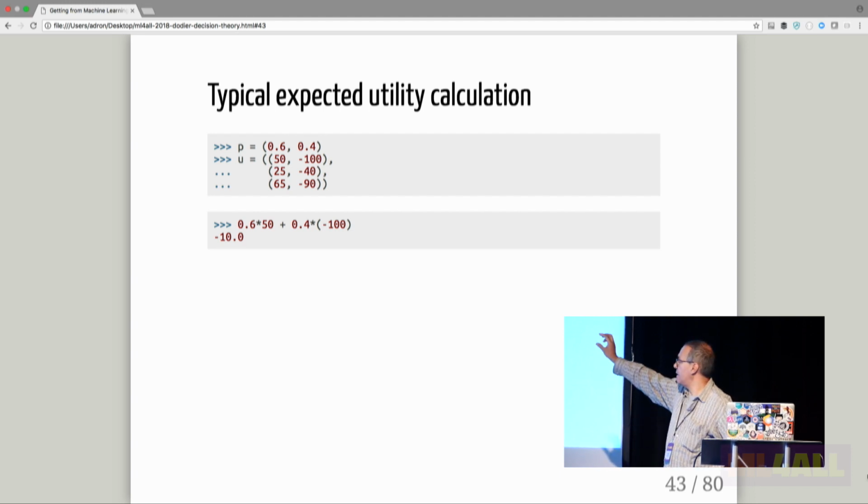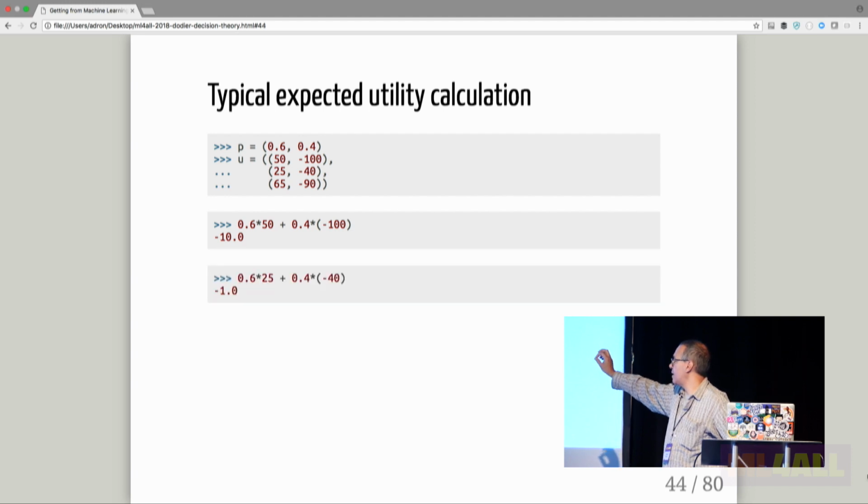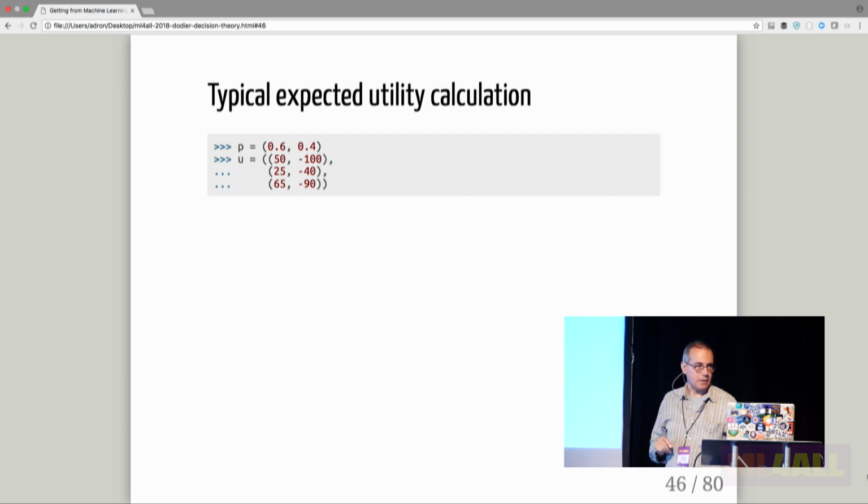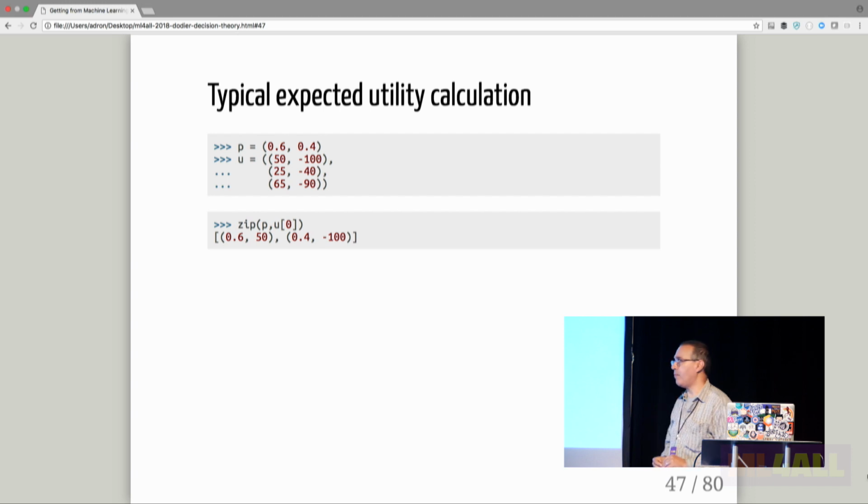So this is P times the first row and add it up. This is P times the second row and add it up. This is P times the third row and add it up. And again, in a more Pythonic fashion, we're going to tie together the elements that need to be multiplied together.